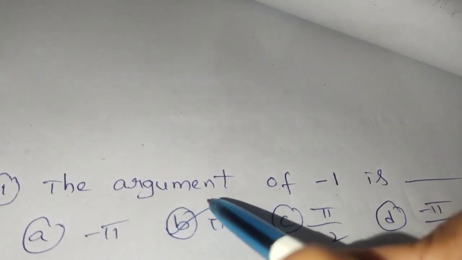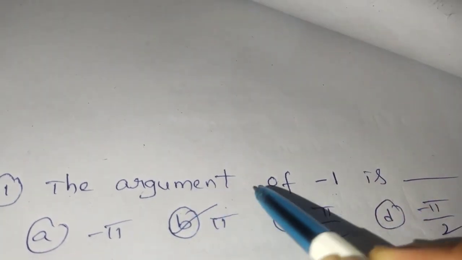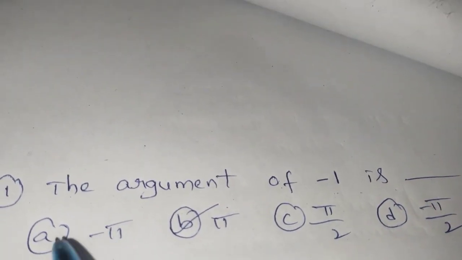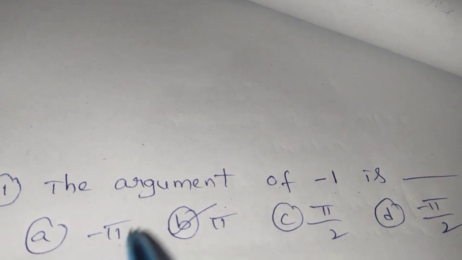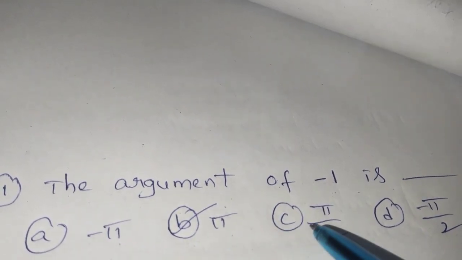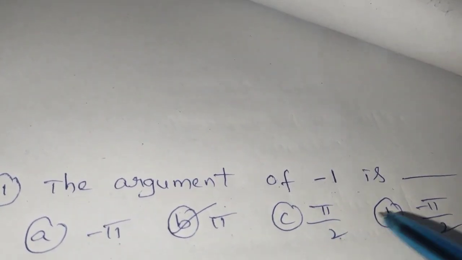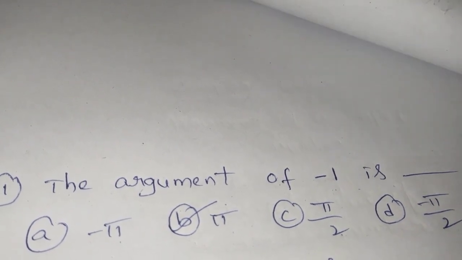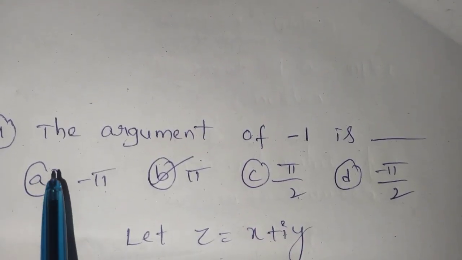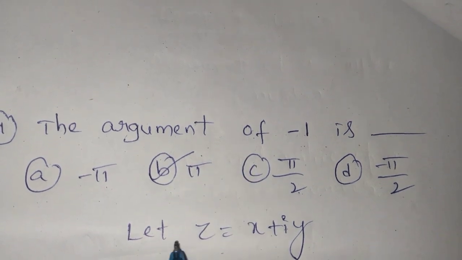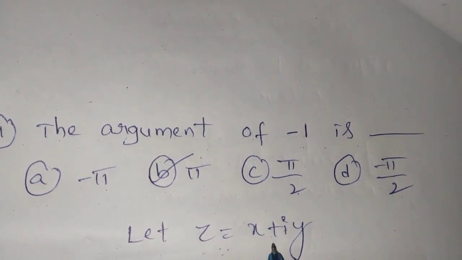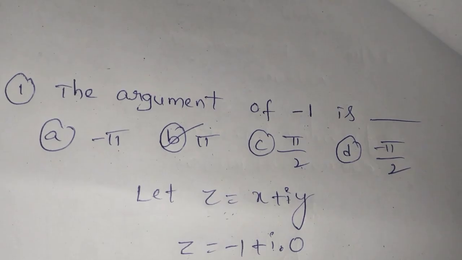Now see the first problem. The argument of minus 1 is, options: A, minus pi; B, plus pi; C, pi by 2; D, minus pi by 2. To solve this problem, let us consider a complex number z equal to x plus iy.